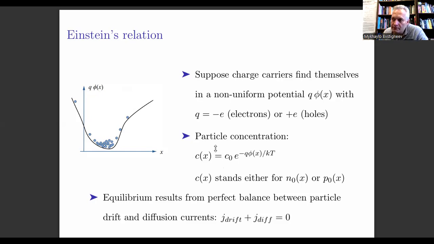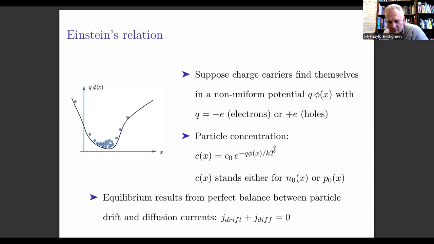We can apply Boltzmann statistics to relate the concentration of charge carriers at a point x to the concentration C naught far away, where the electric potential has the value 0. Namely, the concentration at position x is C naught times the exponential of negative energy of the charge carrier, that is negative q times phi, divided by the thermal energy kT.